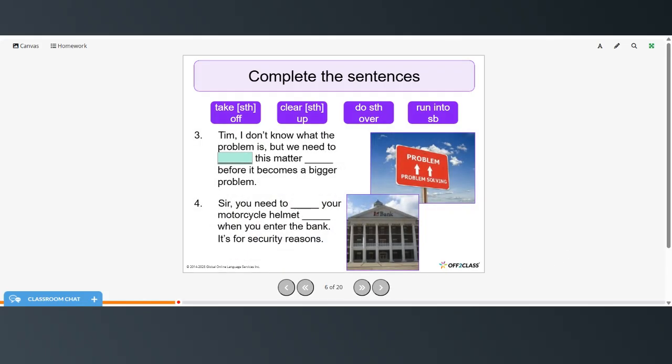Tim, I don't know what the problem is, but we need to clear this matter up before it becomes a bigger problem. Sir, you need to take your motorcycle helmet off when you enter the bank. It's for security reasons.